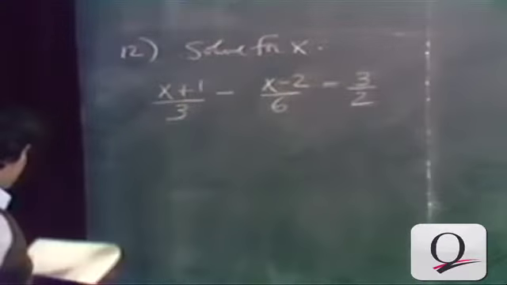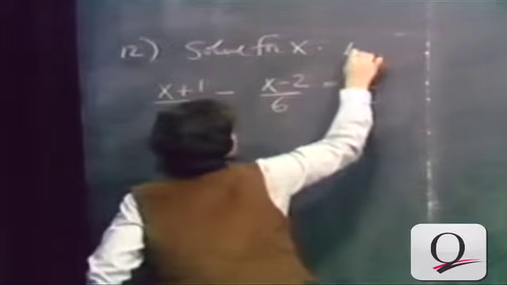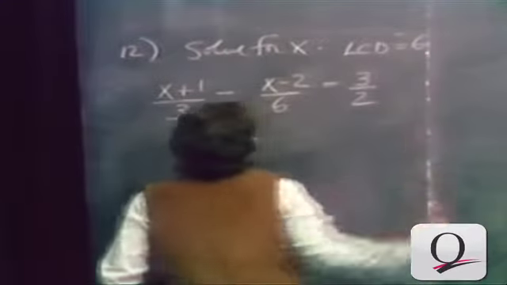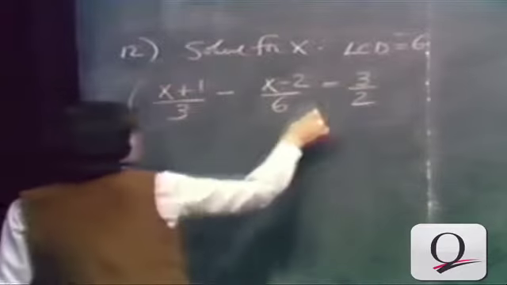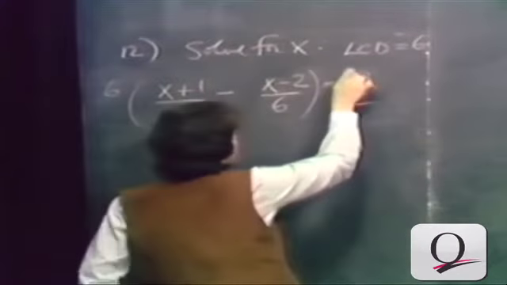The LCD in this problem is once again 6. We're going to multiply both sides of the equation by 6.